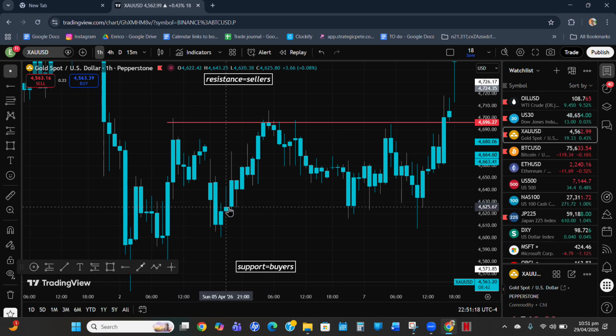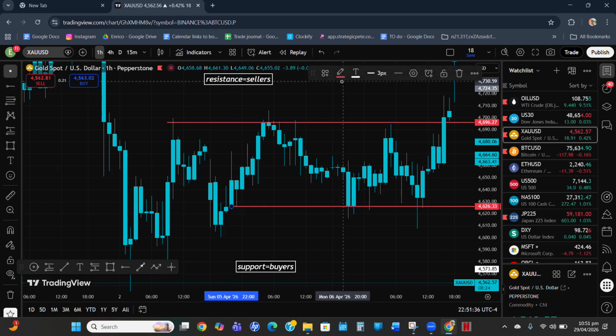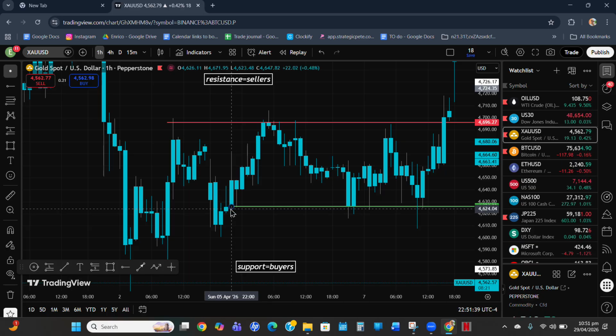You're gonna see here we have like one touch, one, two, three, around the same area, and then you draw your line, you draw your support, because you have one, two, three, and then that is how you draw your support. And then we had four, five, six, seven touches around the same area.